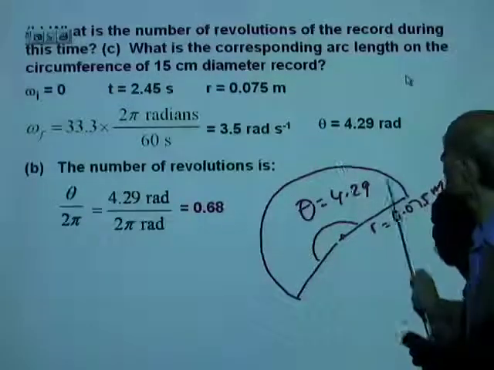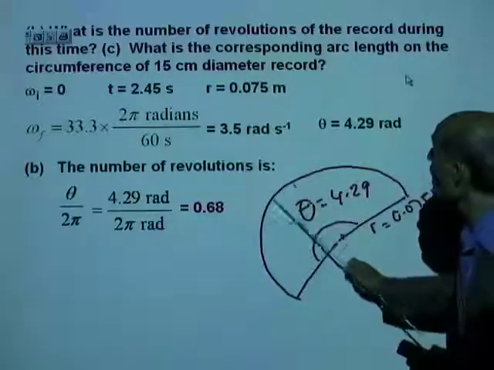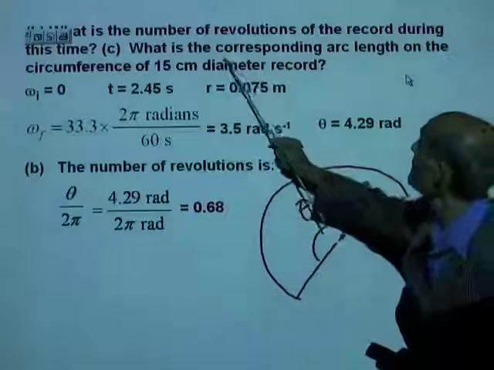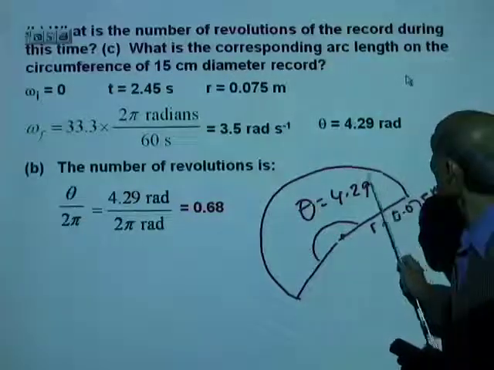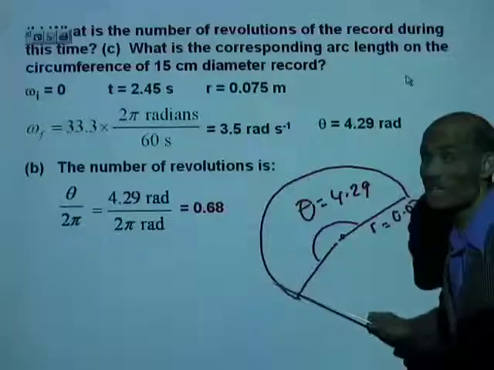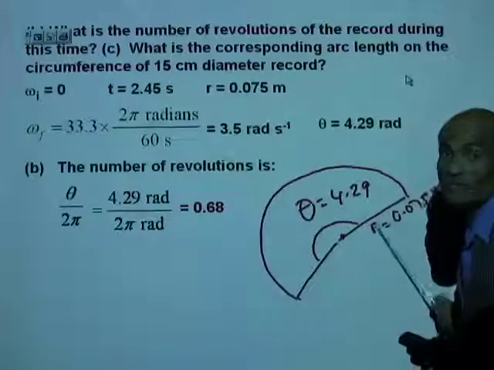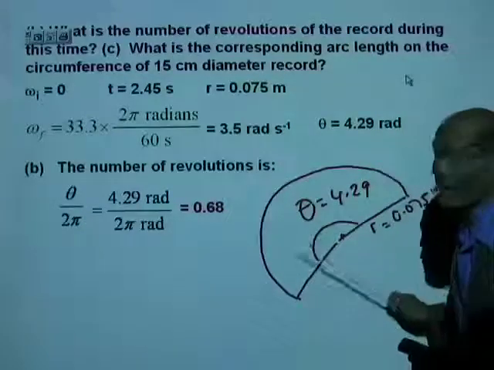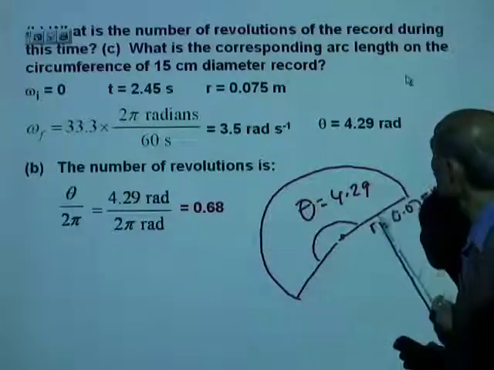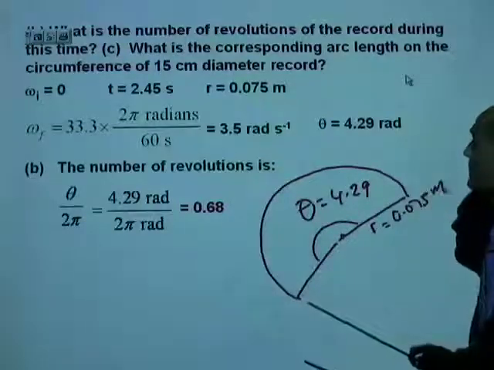You see, the disk rotated through an angle of 4.29 radians, and therefore the linear displacement, the displacement along the arc, the corresponding arc length, is equal to radius times the angle: arc length equal to r theta.